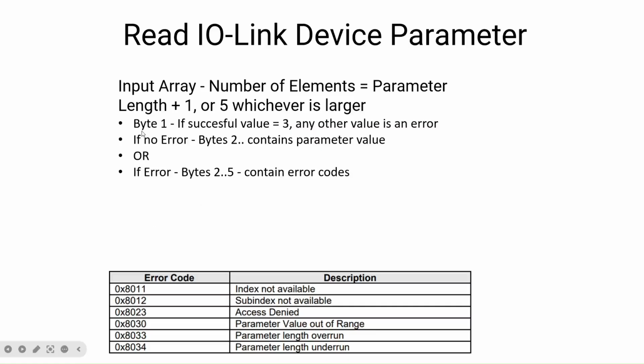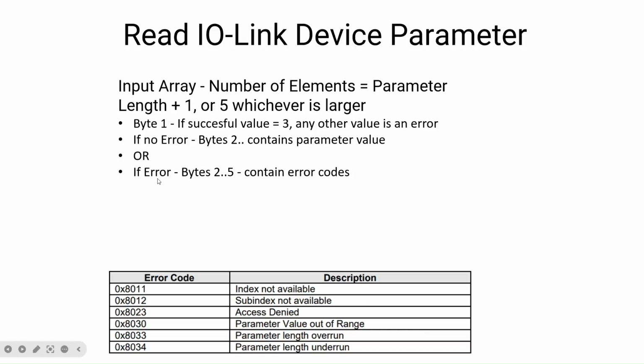Now, on that input array, byte 1, if we see a value of 3, the instruction was successful. If we see any other value, there was an error in the message. If there is no error, bytes 2 on will contain the parameter value, in this case the red, green, and blue channel values.